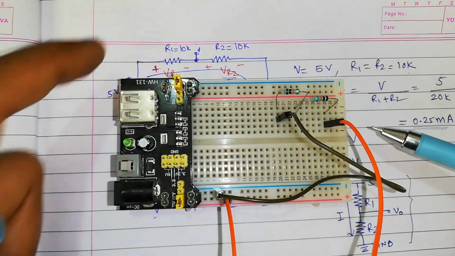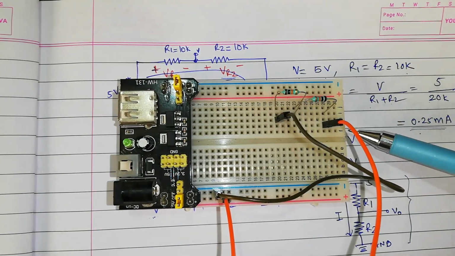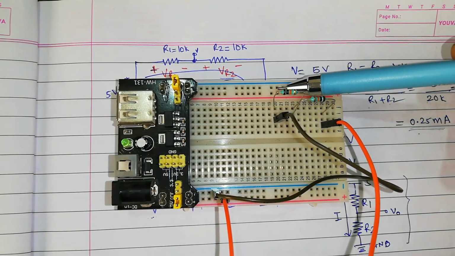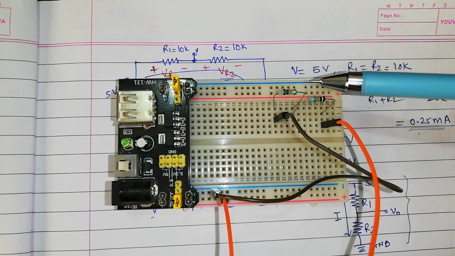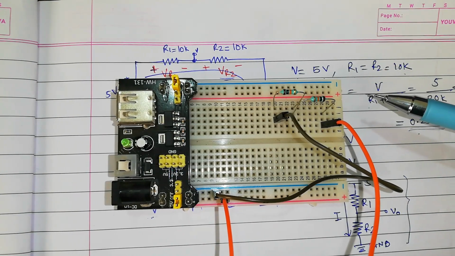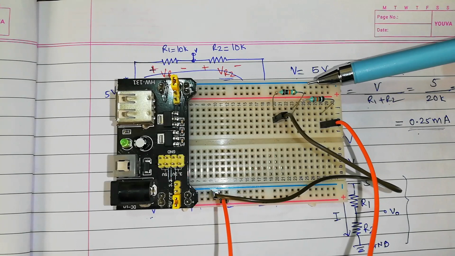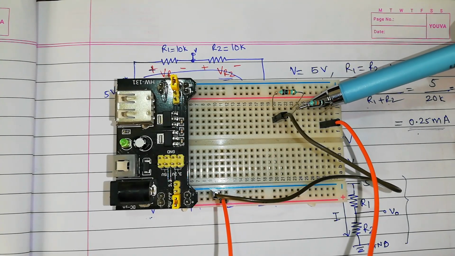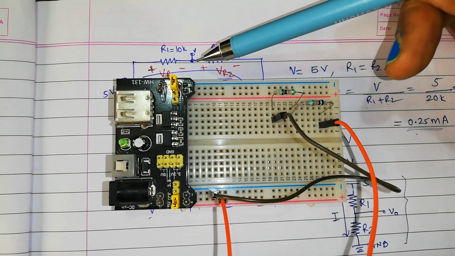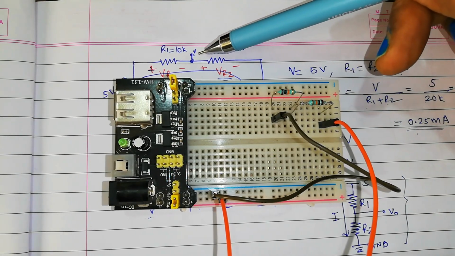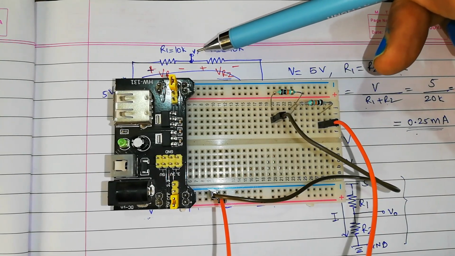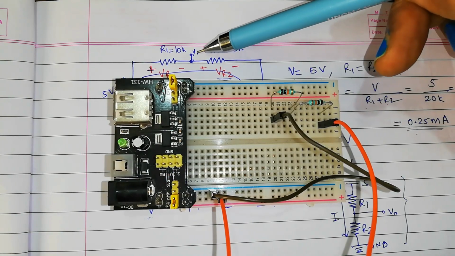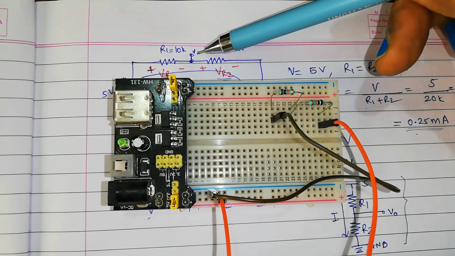So I have connected one end of the resistance to the positive and another end of the resistance to the negative. That is how the series connection is made, and at the junction between the two resistors right over here, in theory you have this voltage, that is the voltage divider junction.